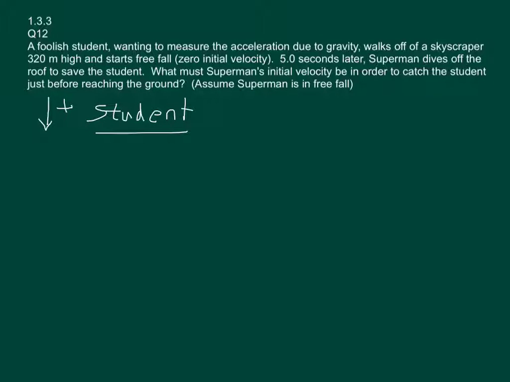So we know that he has an initial velocity of 0, because he just stepped off. We know that he's going to accelerate at the pull of gravity, which is 9.81 meters per second squared. The distance in which he can free fall is 320 meters.